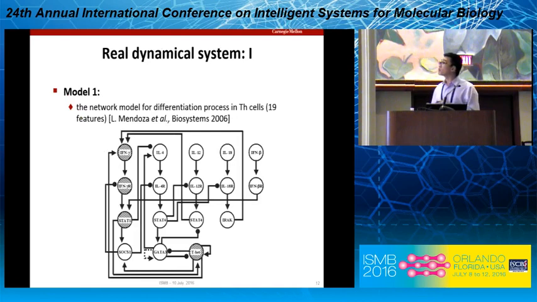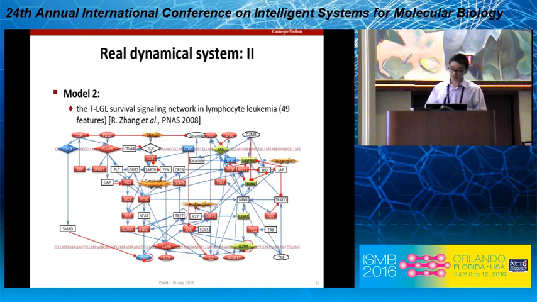For the dynamic systems, this first one is simple compared to the other 2. This is the model for the differentiation process in TH cells. It includes 19 features, which are all canalized. The second model we will introduce is the TLGL survival signaling network in lymphocyte leukemia.